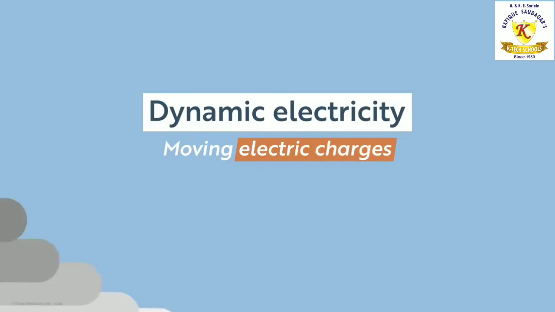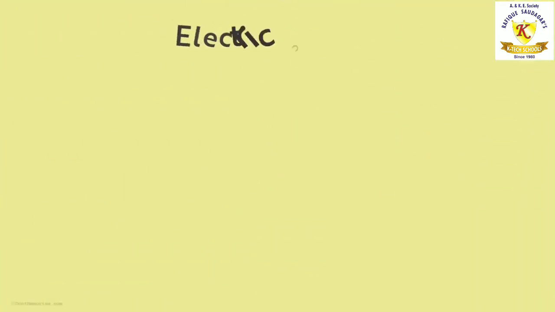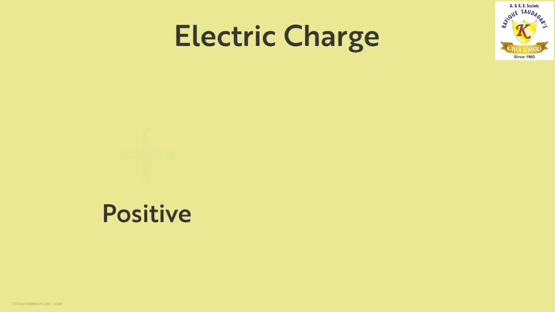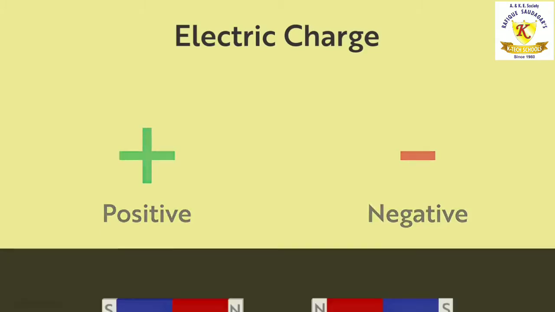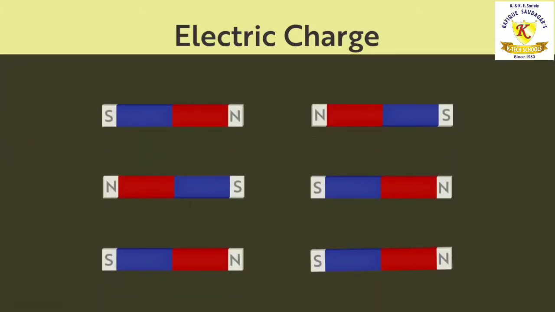There are two types of electric charges. Okay children? The positive denoted by a plus sign and the negative by a minus sign. Think of a magnet for a moment.